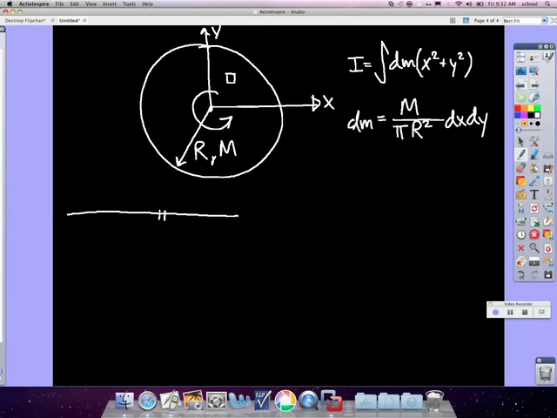Is r and theta generally what you guys use for polar coordinates? Okay, so now we need to figure out what r and theta are as a function of x and y.